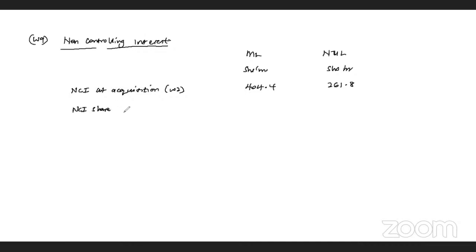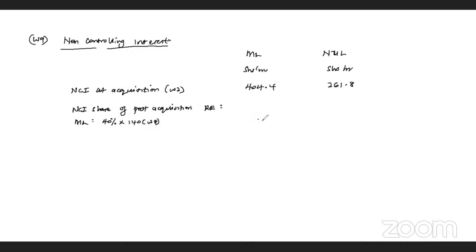Then we get the NCI share of post-acquisition retained earnings. Of course, you have to refer to the previous working. So ML, it's 40% times 140 M. This is from working 8.